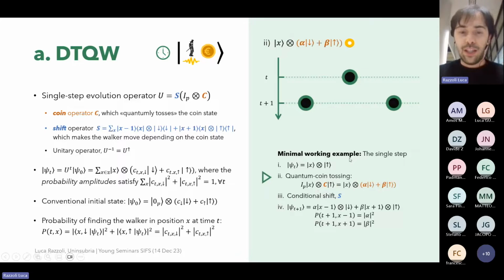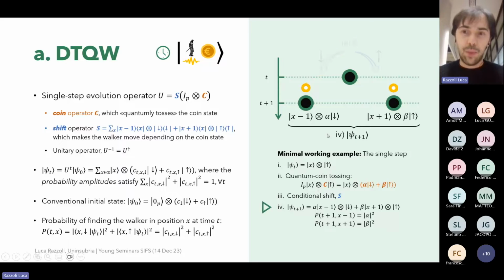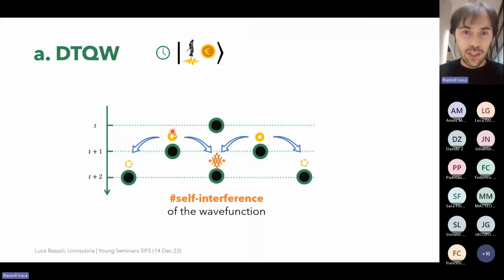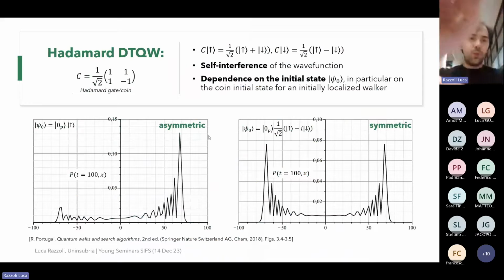Then we apply the conditional shift operator, which makes the state propagate depending on the coin state. If we repeat this step for the next time step, we see that these two states will propagate also to the same position. So the wave function will undergo self-interference effects. In the next example, we may focus on the Hadamard discrete time quantum walk.